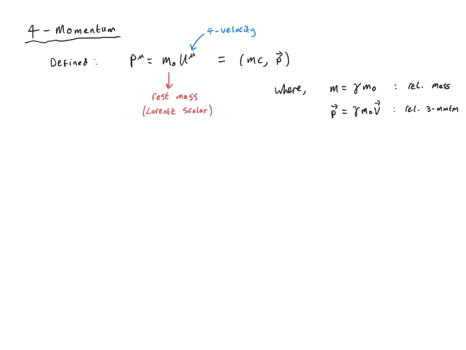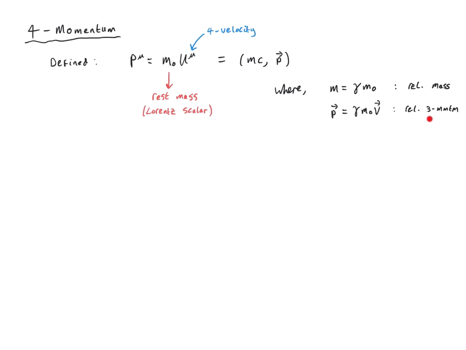Often you will see this take the form mc in the time-like component and a vector p in the space-like components, where we define here m as the relativistic mass, meaning the rest mass m0 multiplied by the Lorentz factor gamma. Likewise, we have a regular three-dimensional vector p here, which is defined as being the relativistic 3-momentum.